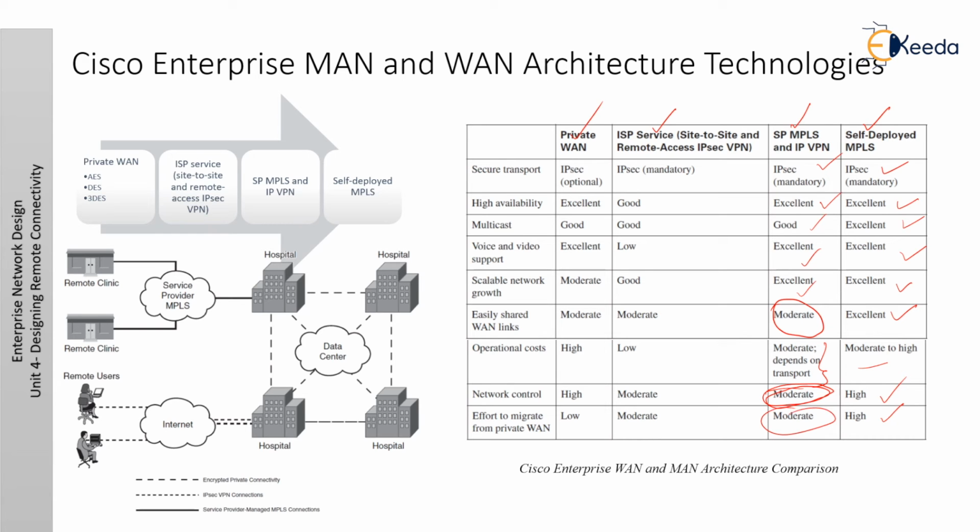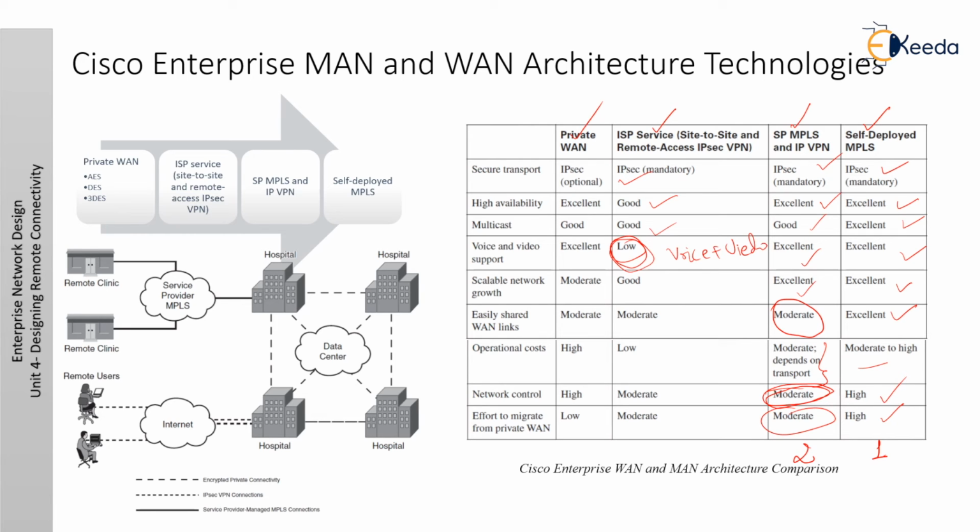So we choose this first, then second priority is this. Then IP service site to site and remote access VPN, this is our last choice, because secure transport is mandatory, high availability is good, multicast is good, voice and video support is low, and we are very much interested in voice plus video.